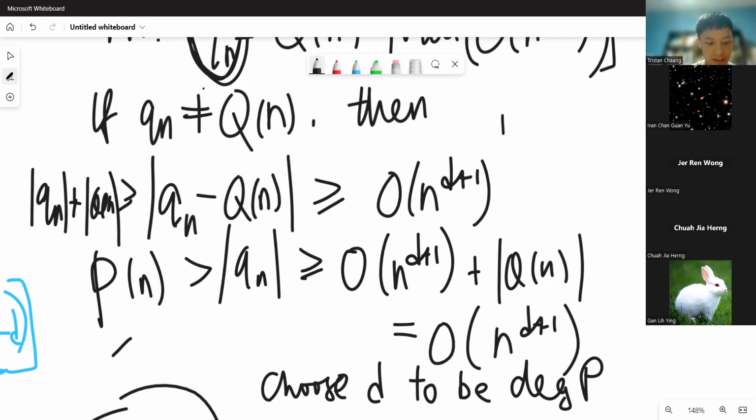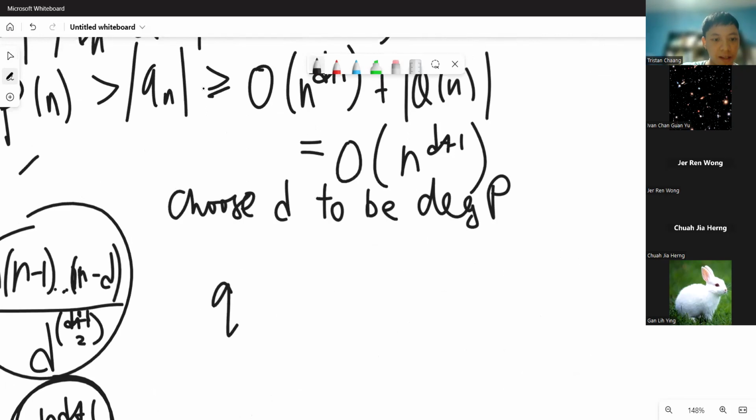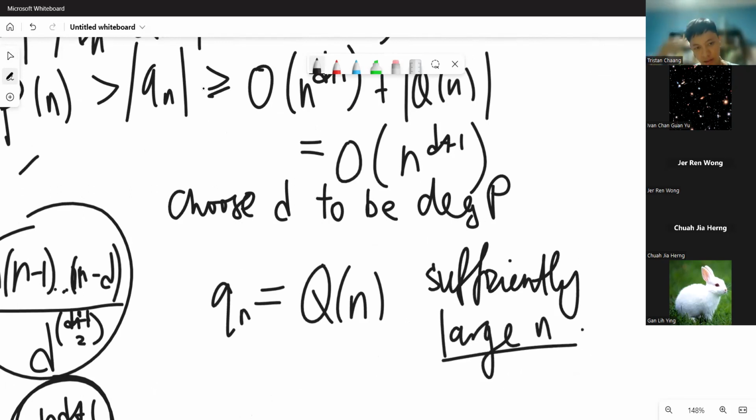And that would mean qn is equal to Qn for sufficiently large n. And that actually kind of proves it already. For the remaining finitely many values of n, you can just use condition 1 and bash it out.